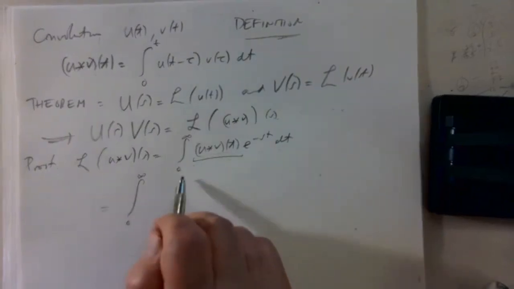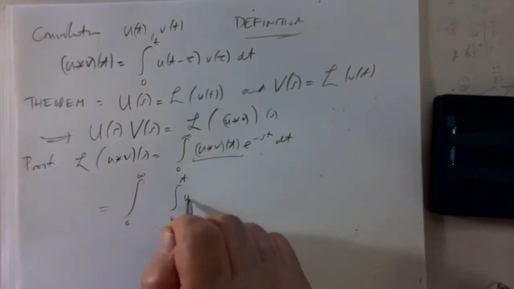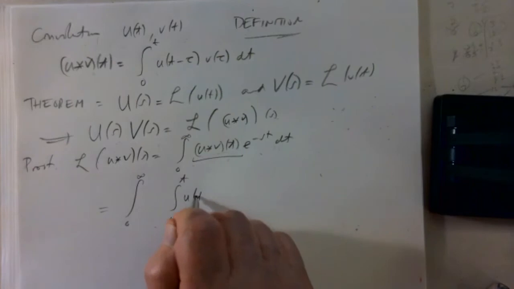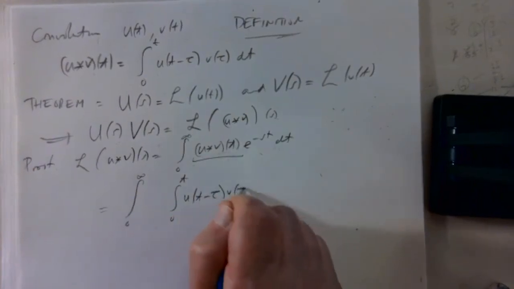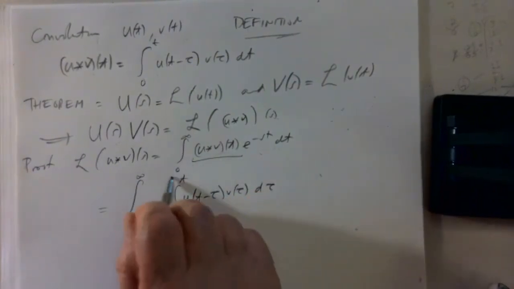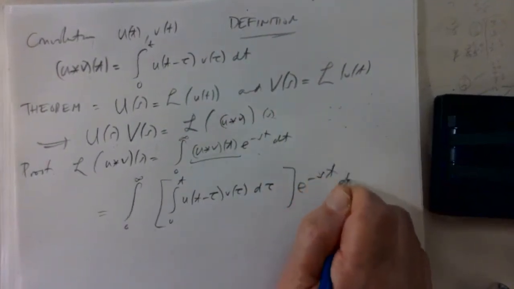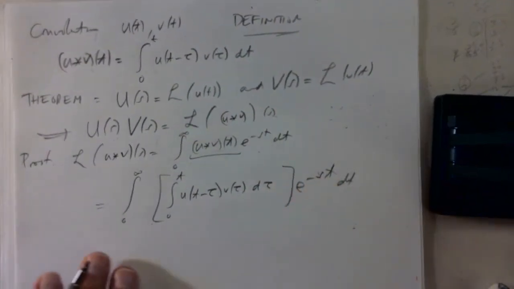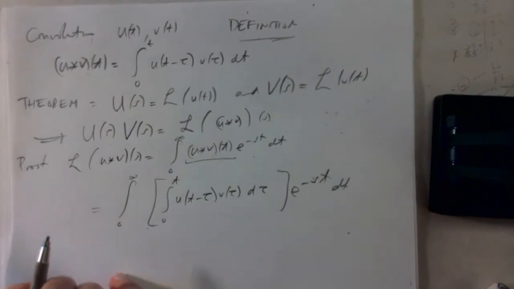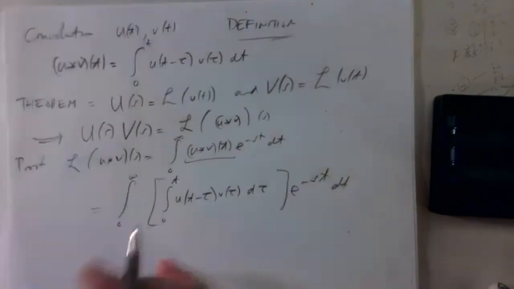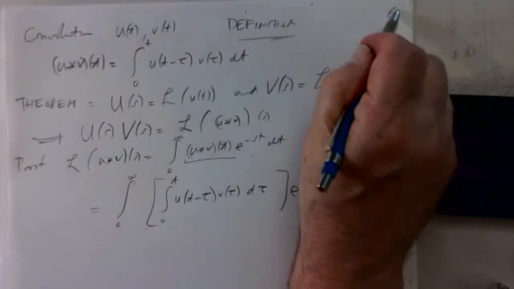That's another integral, the integral from 0 to t, u of t minus tau v of tau d tau, e to the minus st dt. So this is a double integral.